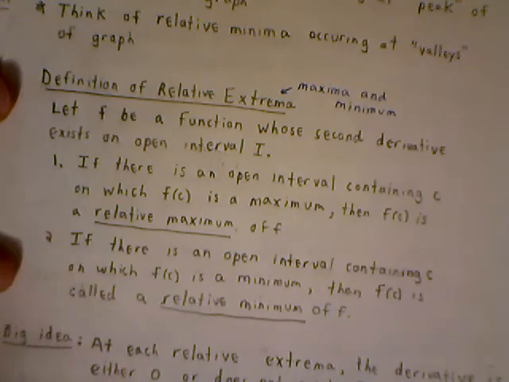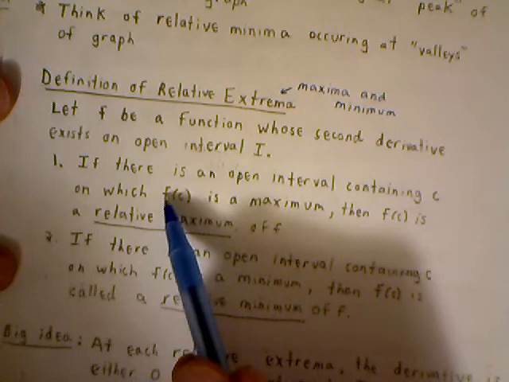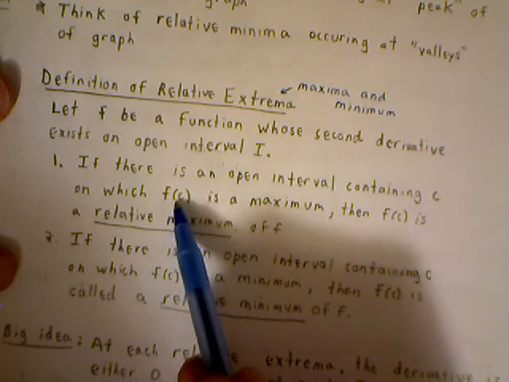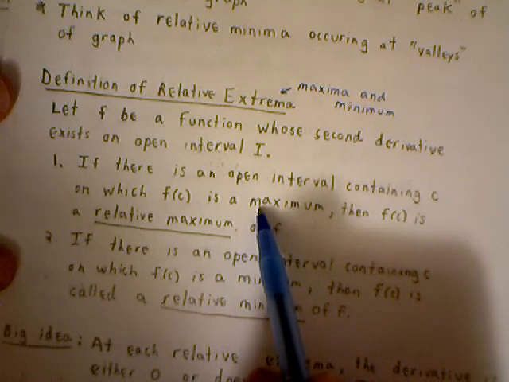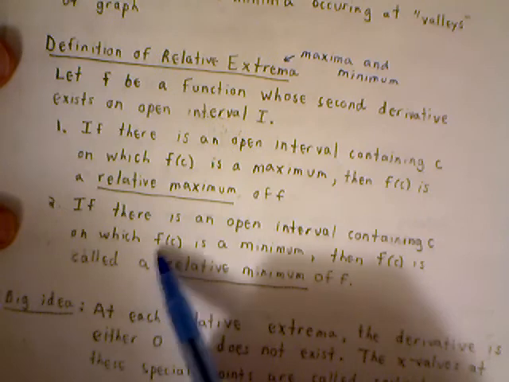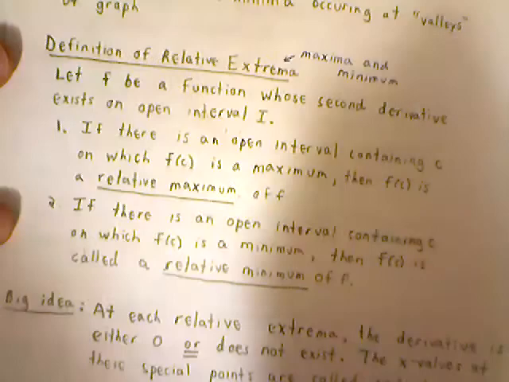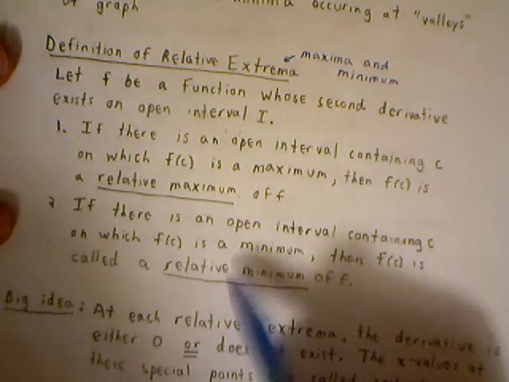So all this is saying is that if you find a certain function value that's a maximum, at the top of a hill on your graph, you call it a relative max. If you find a certain function value occurring at the bottom of a valley, that's a minimum, and we call that a relative minimum.